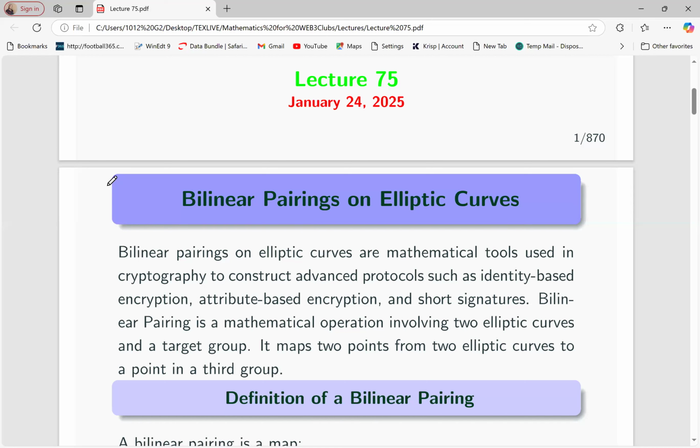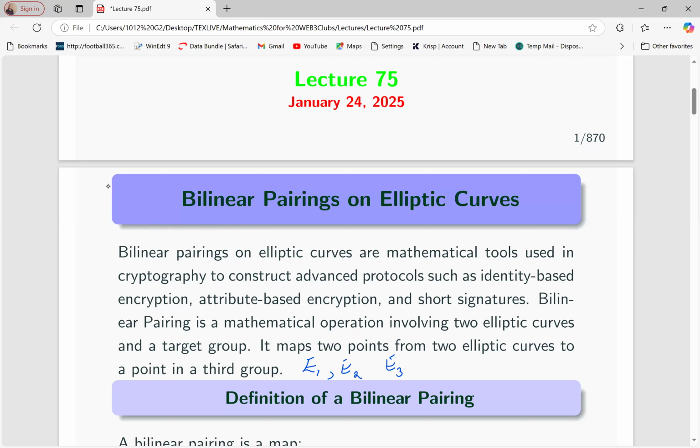So these groups could come from elliptic curves. Let's talk of elliptic curve 1, elliptic curve 2, and maybe another elliptic curve.